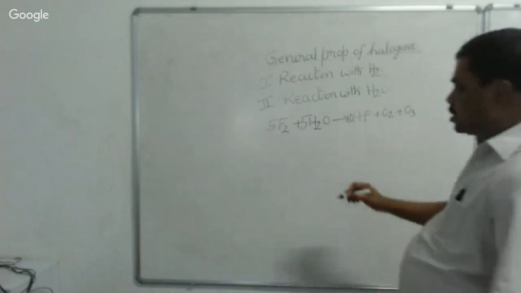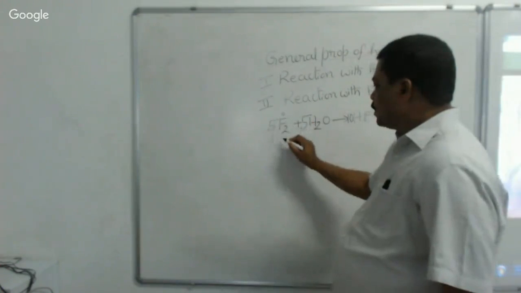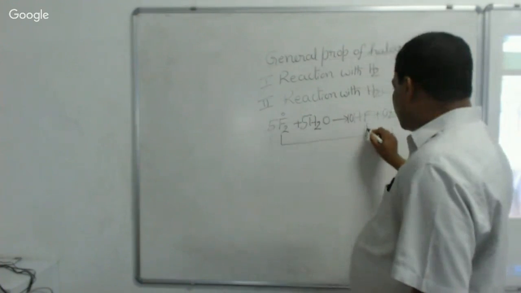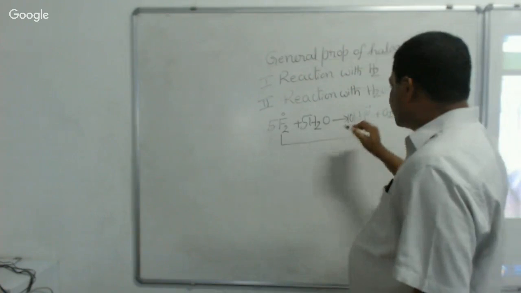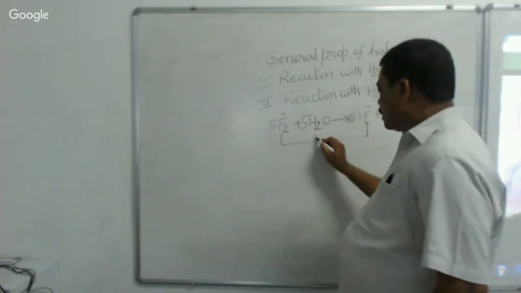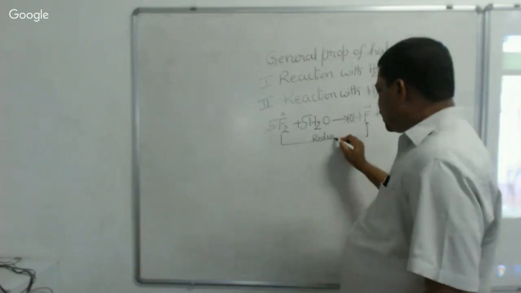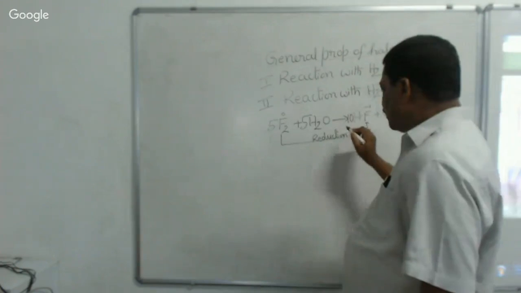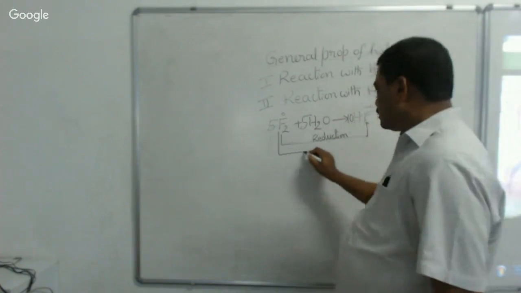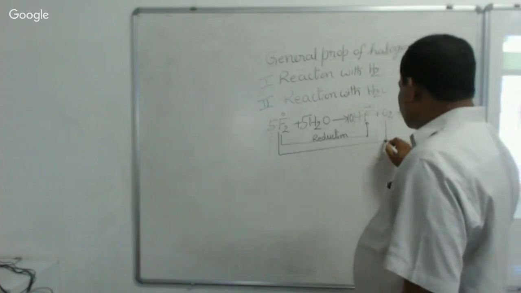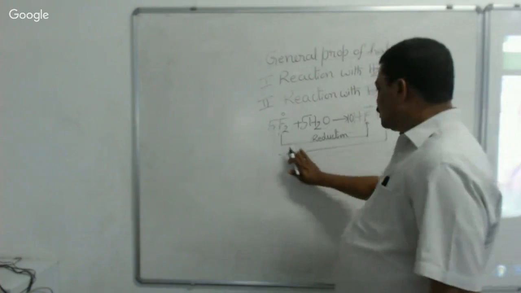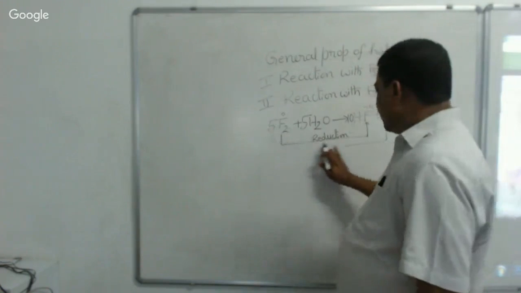Now in this reaction, look at the oxidation state of chlorine. The chlorine oxidation state always decreases from 0 to -1.